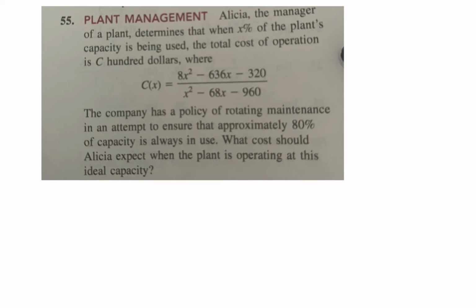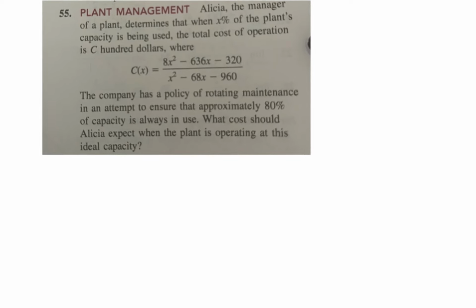Now, let's do another problem from your textbook. It's a plant management problem. Sometimes the problem has too many words, but what it's asking, if this is the cost function, the cost to produce x units, or the cost to produce a certain percentage of units, is: what will be the cost if the percentage is 80%?